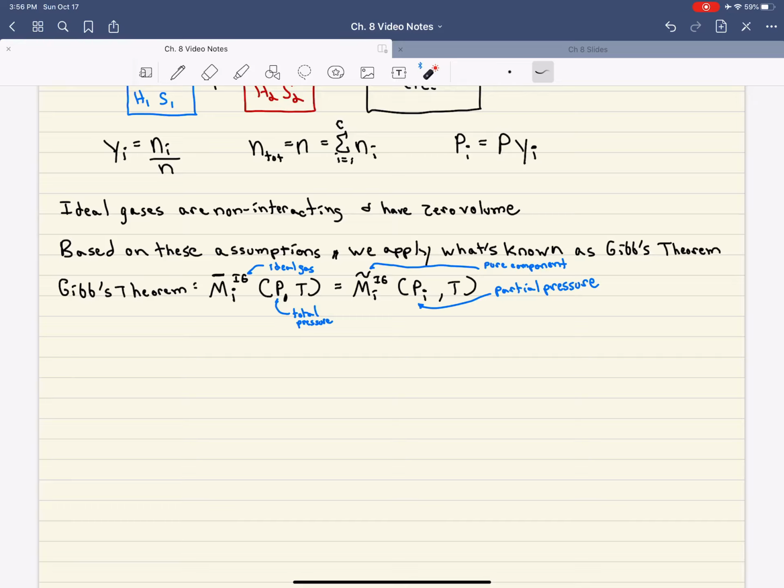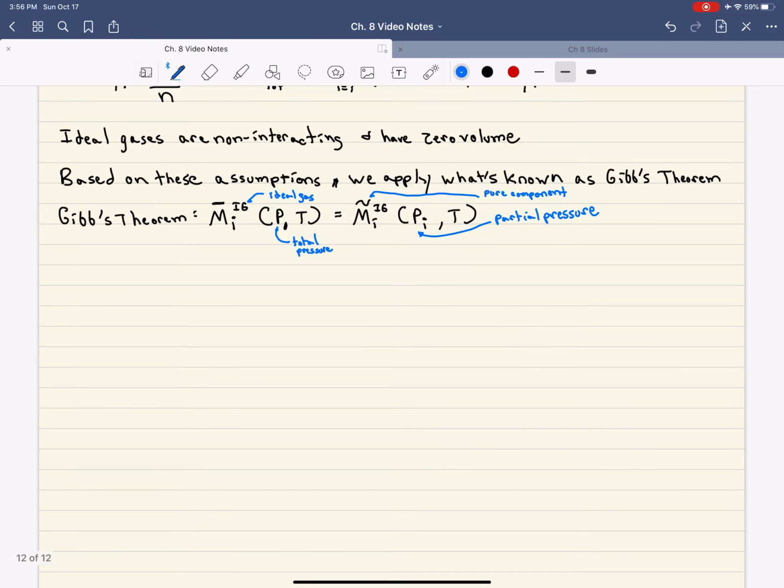All right, and so taking this theorem, we could apply the concept of additivity to it.